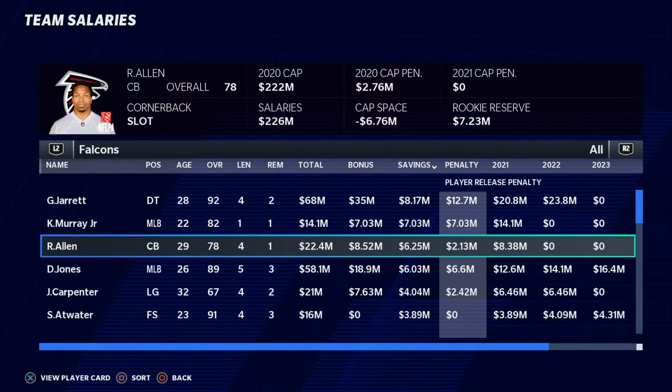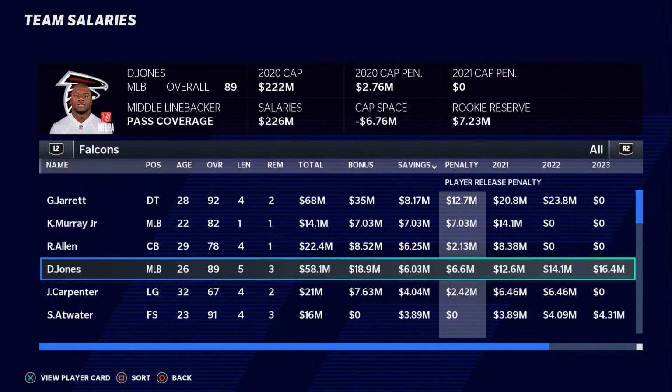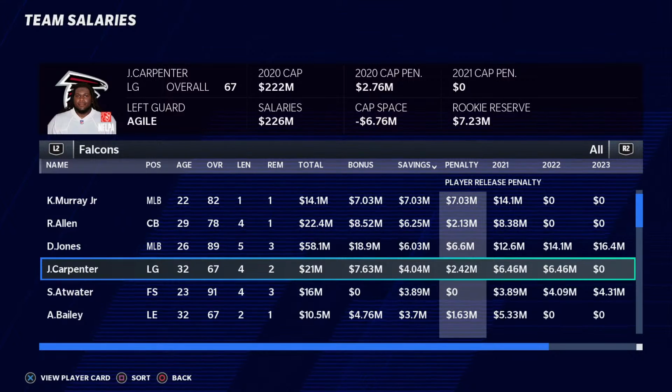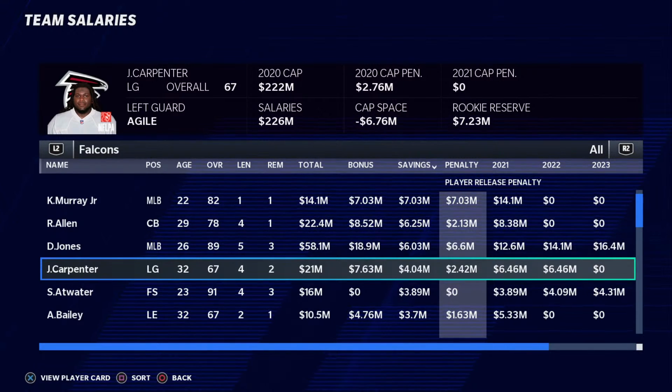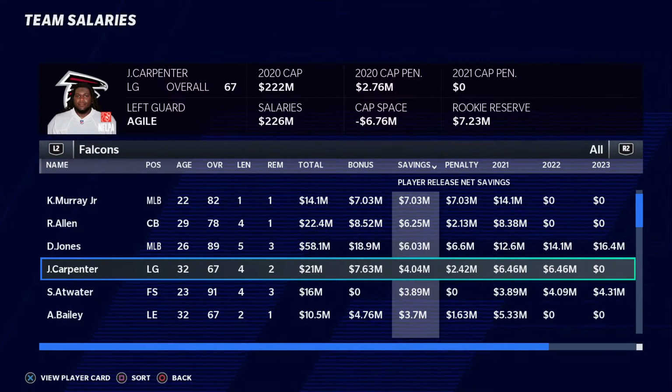R. Allen should be the first one you let go. First one. Then you go down to this guy, left guard, a 32-year-old left guard making $4 million. Come on, 67 overall. Come on, man, $4 million.